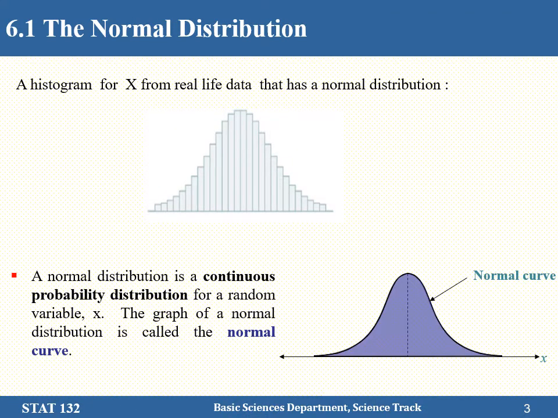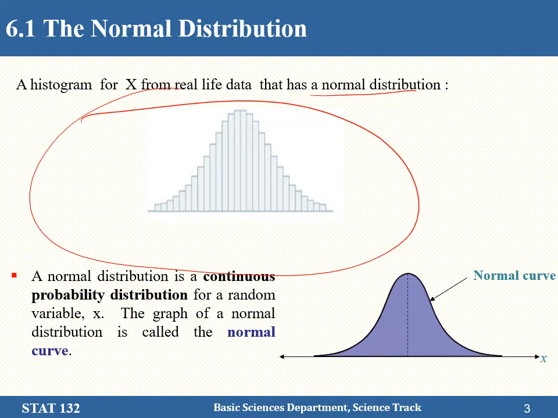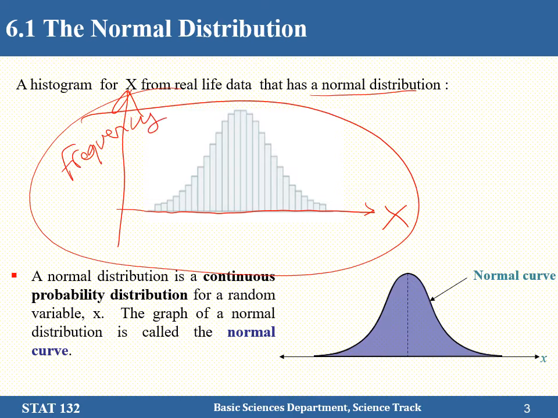Look at this histogram. This is a histogram from real life data, and it has a normal distribution. So this shape is called normal distribution. Here you can take this as the x variable, and in a histogram, the y-axis is for the frequencies. For example, this might be the exam score distribution.